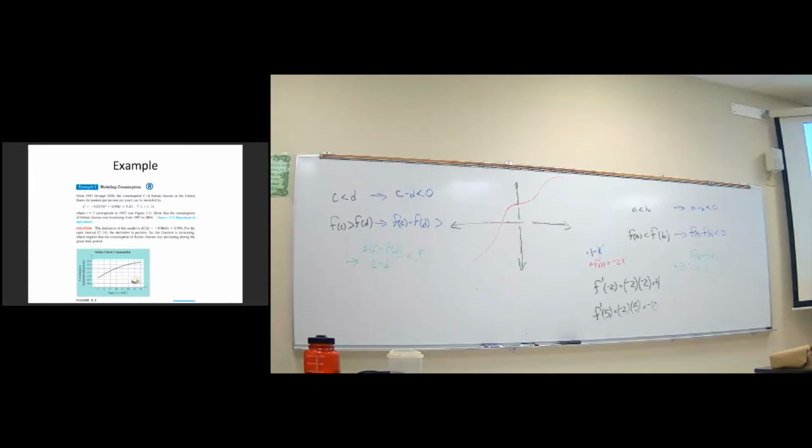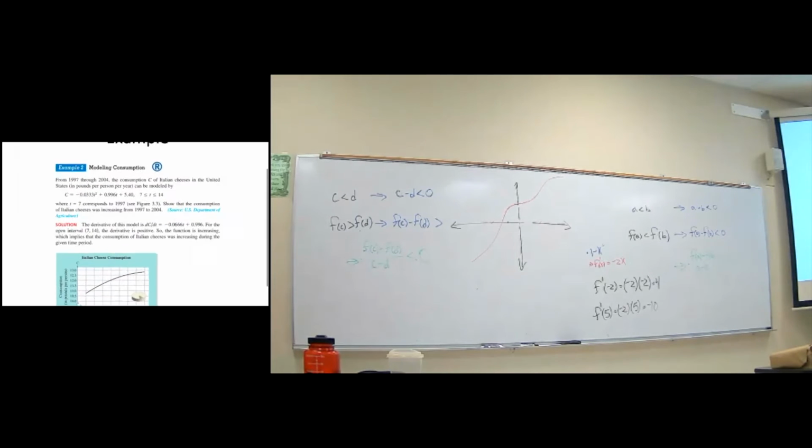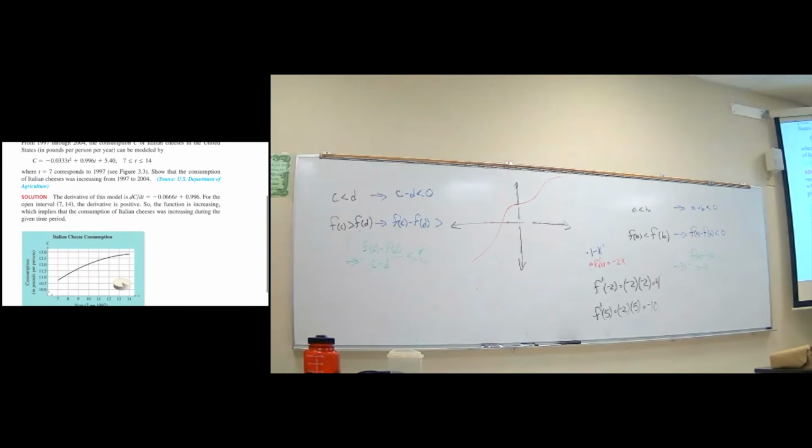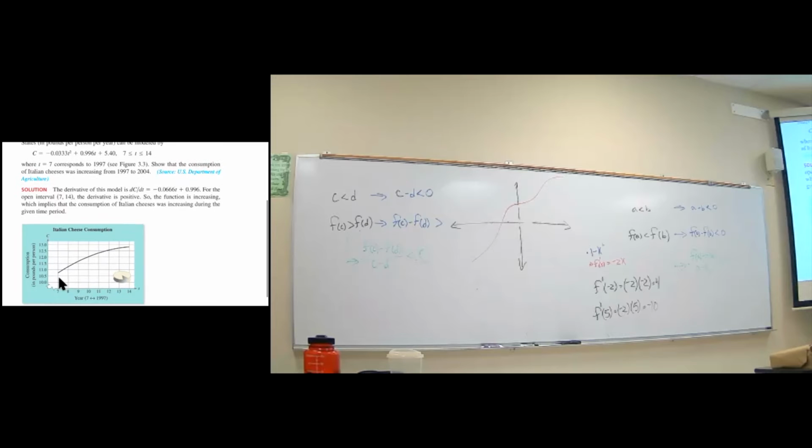So one thing this might be useful for in the business world, let's say we want to talk about the consumption of an item, right? In this case, we're talking about Italian cheese consumed in the US per year.